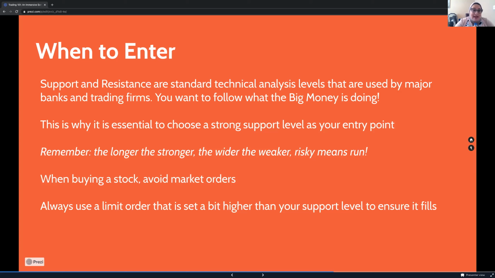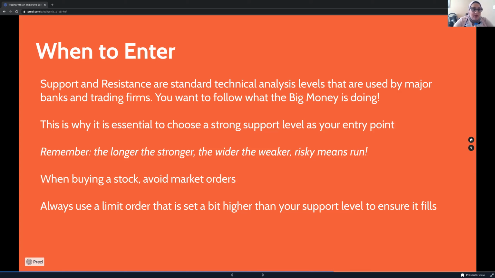You guys, I know it sounds crazy, but trust me, this can make a difference. If you did a market order, it might not fill right away, and that could make the difference between a good price and a bad price, a profitable trade and a not profitable trade, especially if you're using one of those not very sophisticated brokers like Robinhood, right?